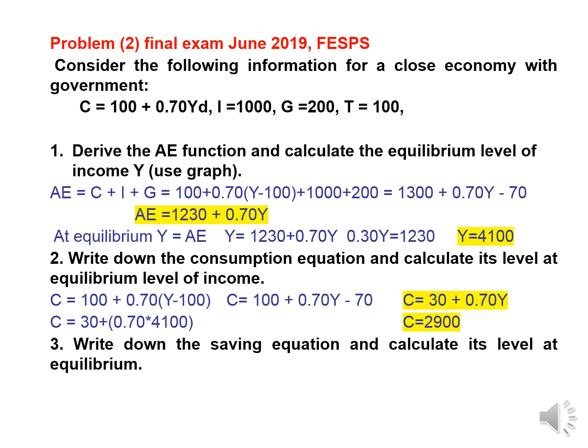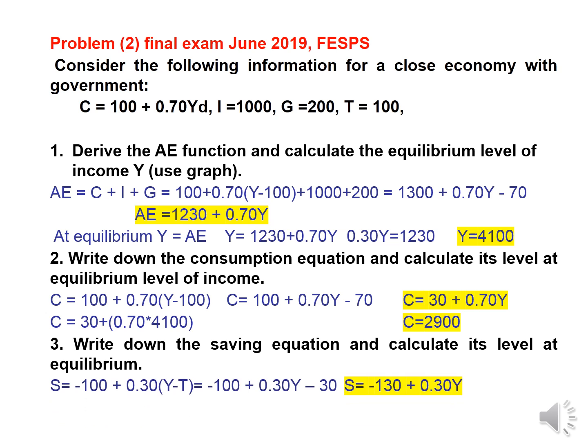Next it says write down the saving equation and calculate its level at equilibrium. We derive the saving equation from the consumption function as a function of disposable income. Look at the consumption function as a function of disposable income here.